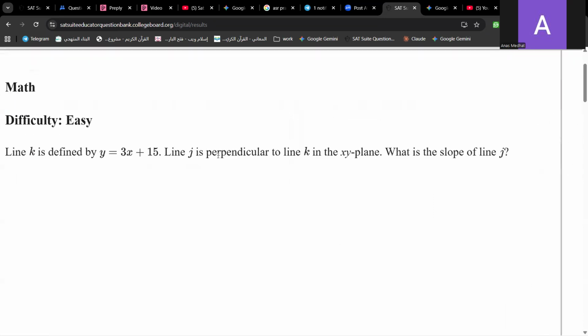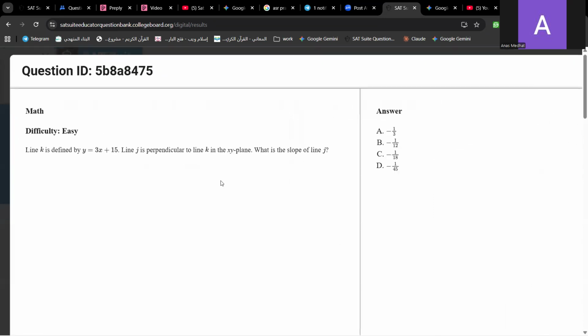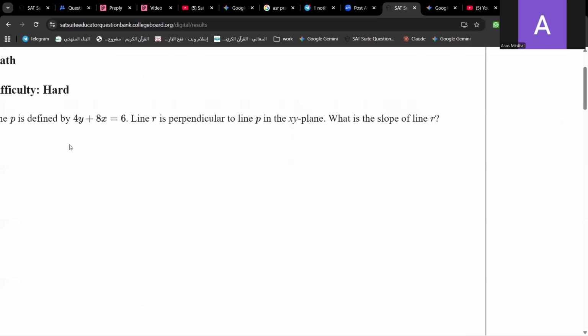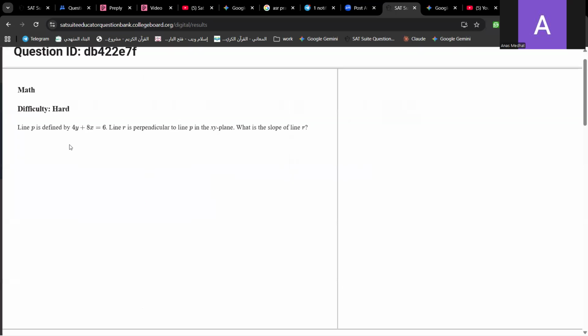9K is defined by this equation. Okay, this is the same question. You have to memorize this question. You have to solve it. It will be -1 over 3. Negative reciprocal. Again, you have to rearrange 3 for y equals -8x plus 6, y equals -2x plus 6.